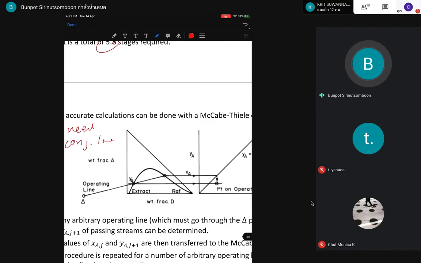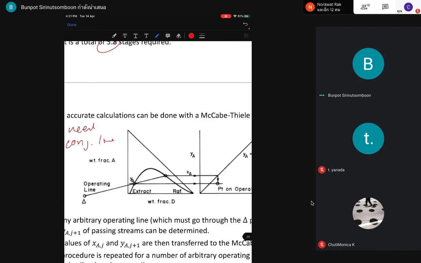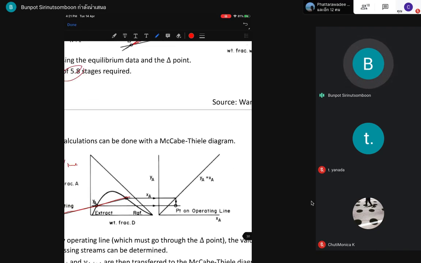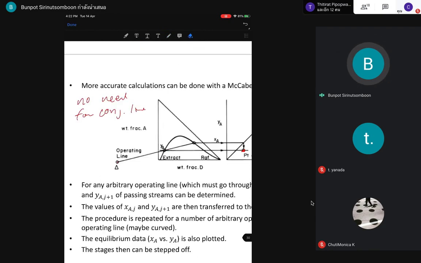So you need to find the delta line anyway. From the delta line, you just randomly draw a straight line, and then you put the Marquette diagram next to it. Then draw the point, and you're going to get this point here, and you do it for many points.